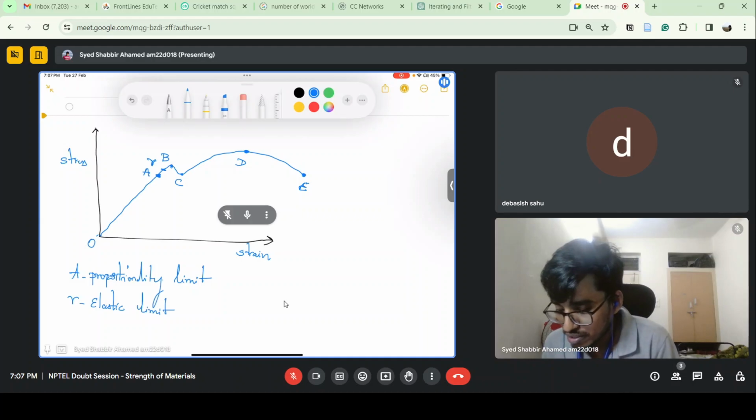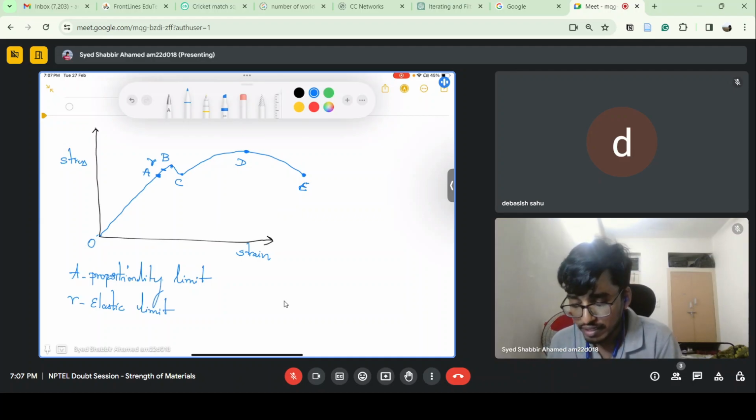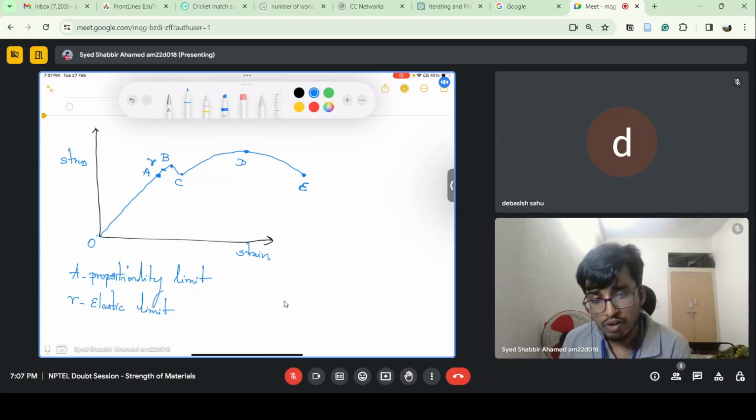So up to this point gamma, the mild steel bar will have elastic properties, which means if you release the load, the material or the specimen will come back to its original shape without any residual deformation. So at point B, we have the yield point. After the yield point, the material will start deforming like a plastic material.